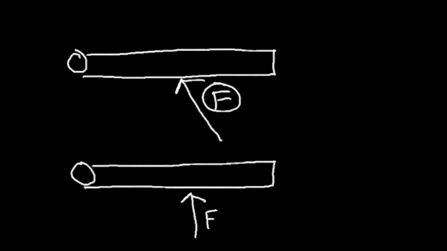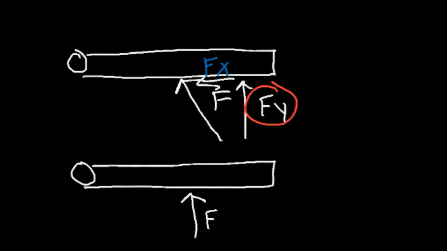This force has a vertical component and a horizontal component, Fx. Now, Fx, the horizontal component, doesn't create a torque because it's parallel to the door. The vertical component, Fy, is what creates the torque. So if you take Fy and you apply it at the same point as you apply F, then the torque created is simply r times Fy. You're going to get the same answer if you do it this way.